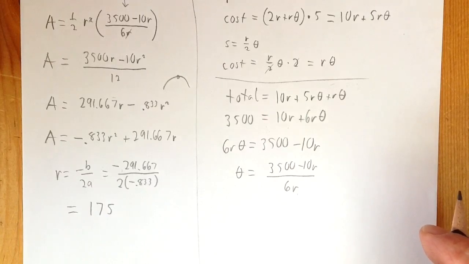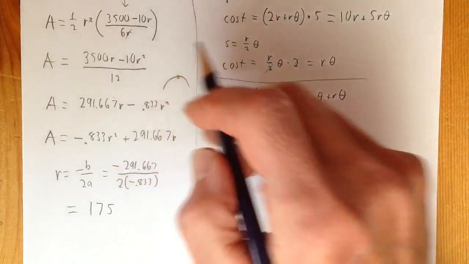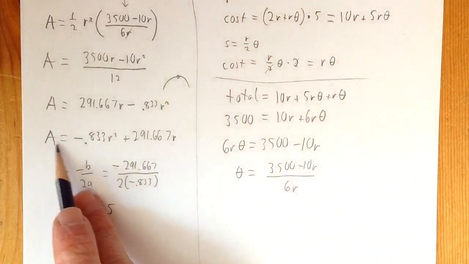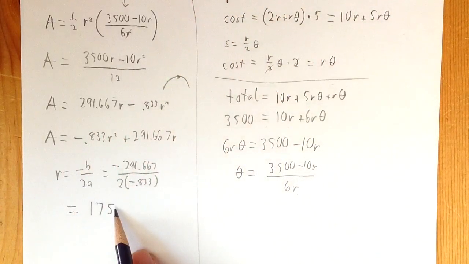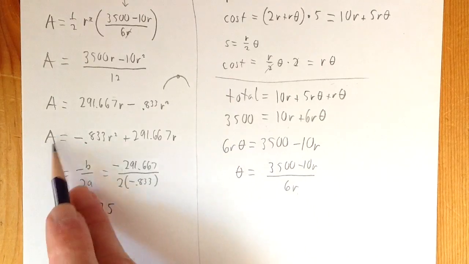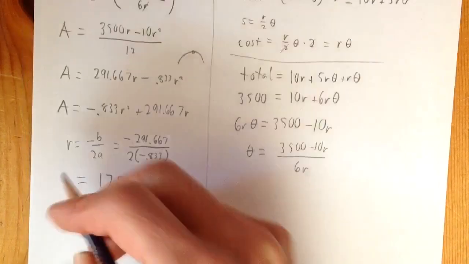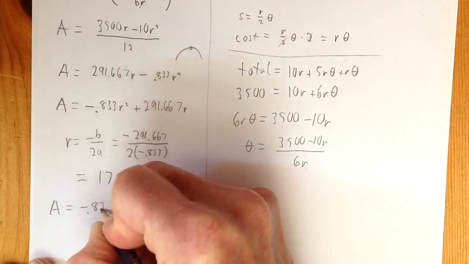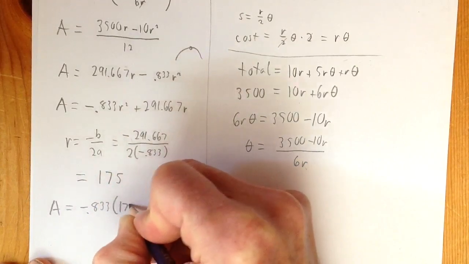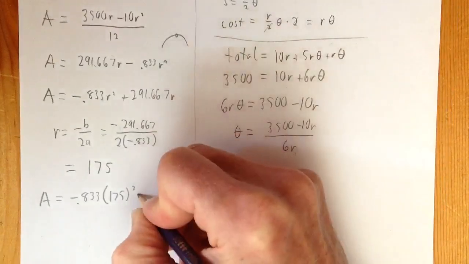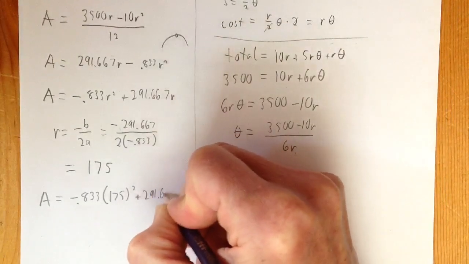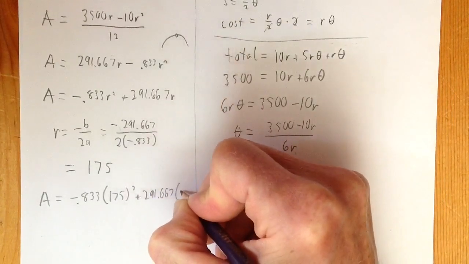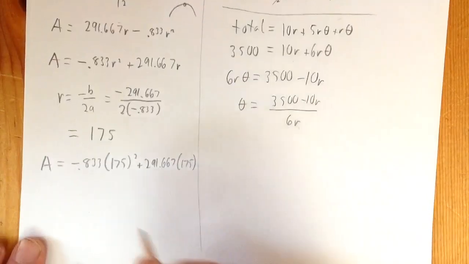So what is theta then? Oh, actually we don't need to know. When the radius is 175, we get the biggest area. They want to know what the biggest area is, so we've got to plug that back into here. Okay, so now the area is negative 0.833 times 175 squared plus 291.667 times 175.